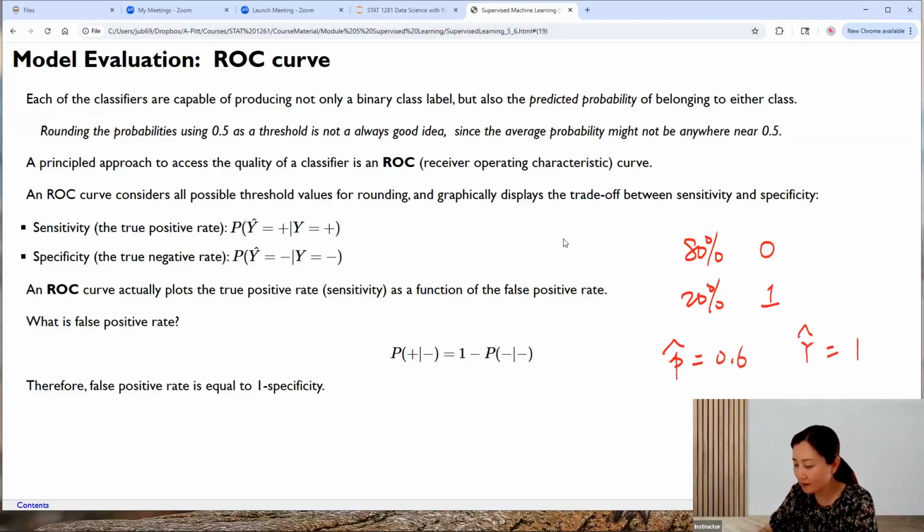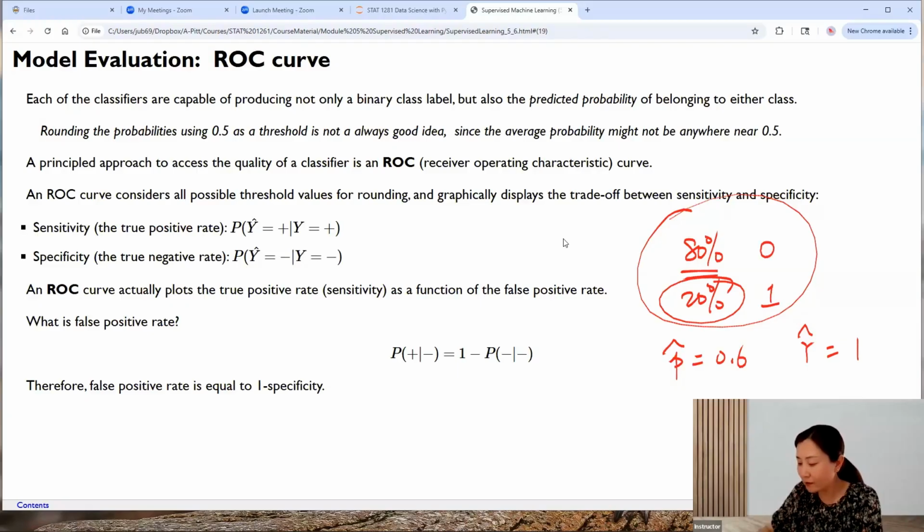However, in this scenario, probably we should choose a threshold that is close to 80%. If the predicted probability is greater than 80%, y hat is equal to 1, because there are only 20% of 1, right? Instead of 50% of 1. If you choose 0.5 as a threshold, you assume that in the training set we have 50% of 0, 50% of 1.